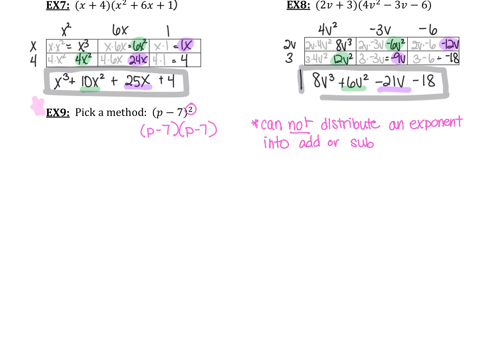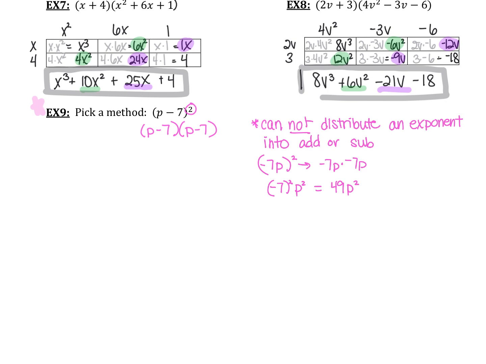So let me give you an example. If I have negative 7p squared, that's multiplication. I can distribute that in because I am doing negative 7 squared and p squared. Or I could think of this as negative 7p times negative 7p. In both situations, I get positive 49p squared.